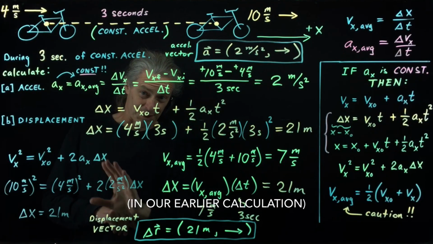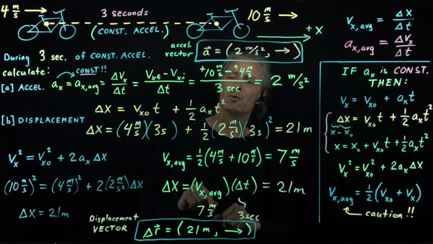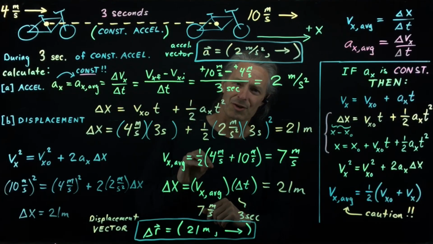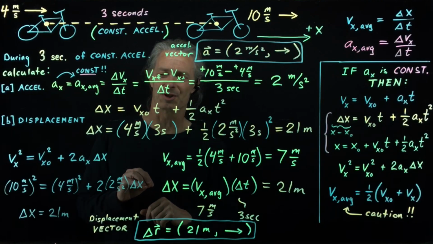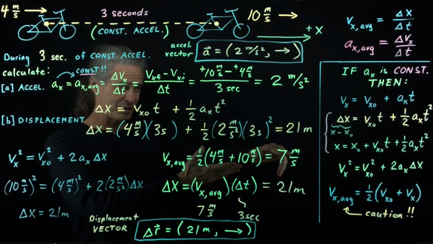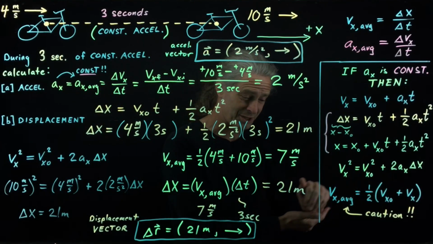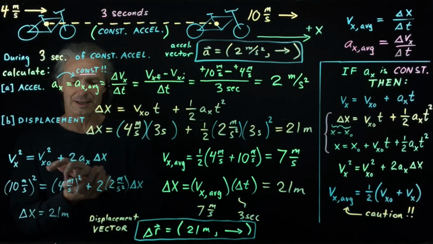We calculated the displacement 3 different ways, but all 3 of those ways involved using equations that assume the acceleration was constant. For example, here, also this equation, the acceleration is not in there, but that's an equation that assumes the acceleration is constant, and likewise here.